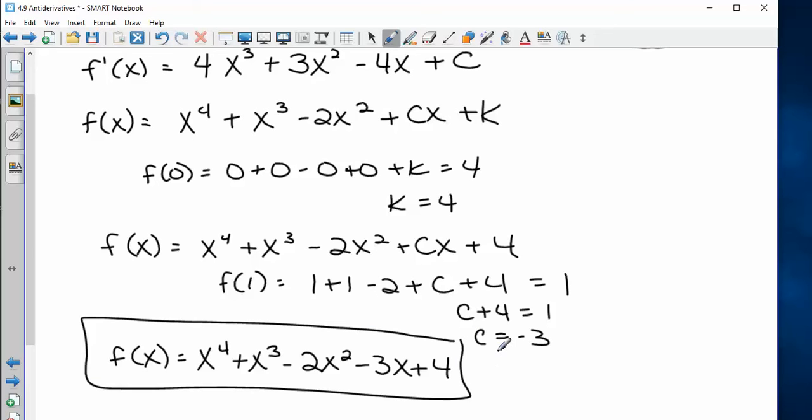So that is the true original equation with finding all of my constants. Does that one make sense?